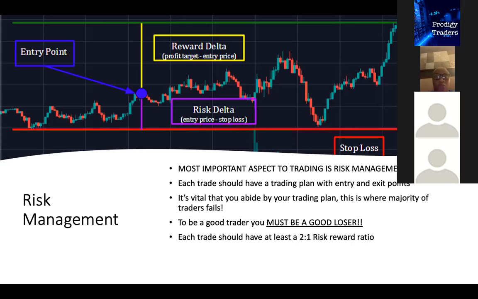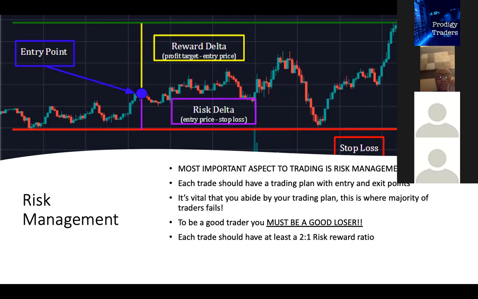Through research, through experience, in order to be a great trader, you have to be a good loser. You have to be disciplined enough that if a market hits your stop loss, you get out and you cut your losses small, and you don't take those big losses. And you also have to have that discipline to follow your trading plan at all times.